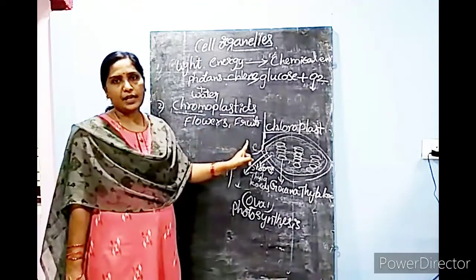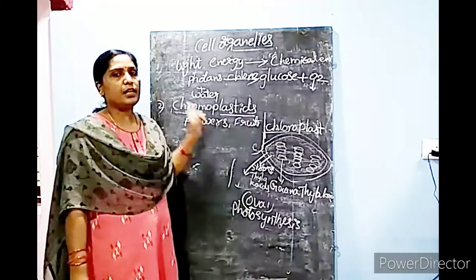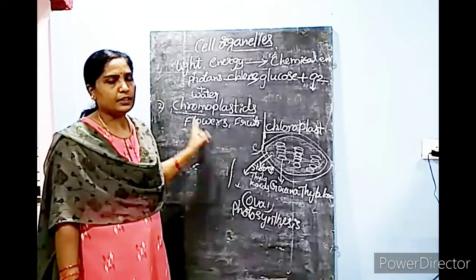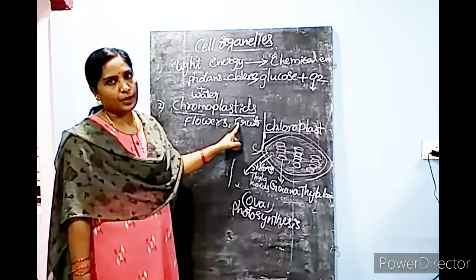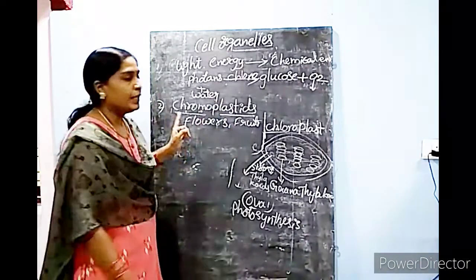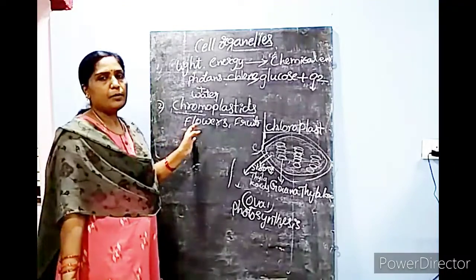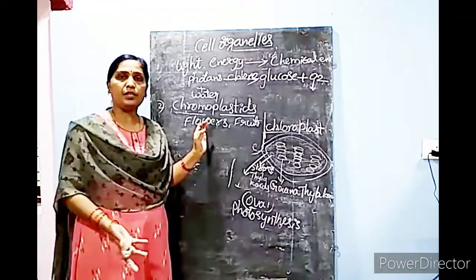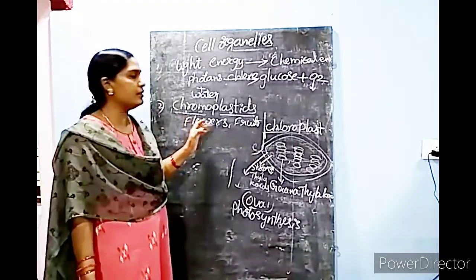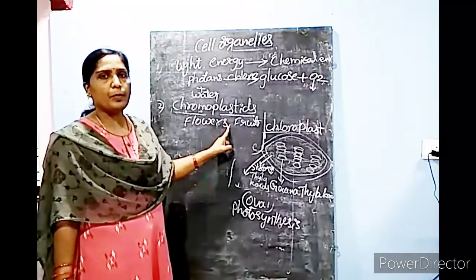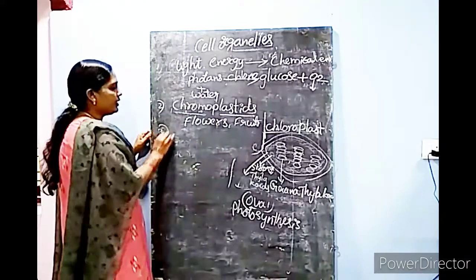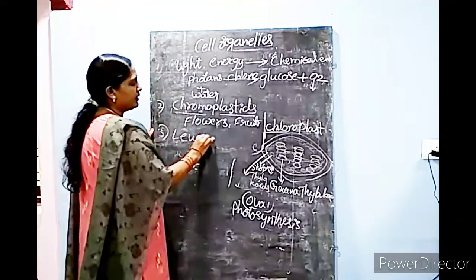Like your pomegranate, when you see, the seeds are in which color? Red in color. That red color comes because of chromoplastids present in them. In the same way, flowers like purple flowers and roses are available in different colors. Those are all possible because of the presence of chromoplastids. And the last one is leukoplastids.